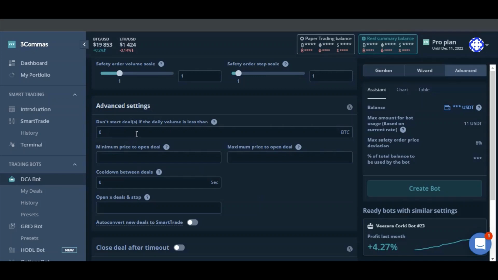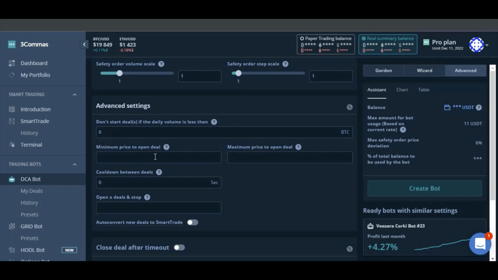There are so many advanced settings here, but I'm not going to do this one. If you are interested, that one also you can do. Don't start deals if the daily volume is less than this much, but actually this is not applicable for Ethereum, because Ethereum has very high liquidity, so you should not worry about liquidity problems here.